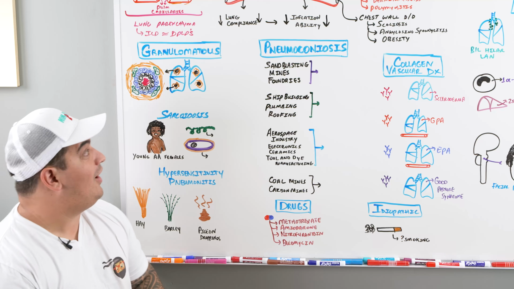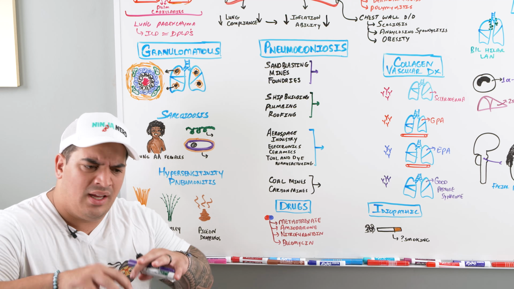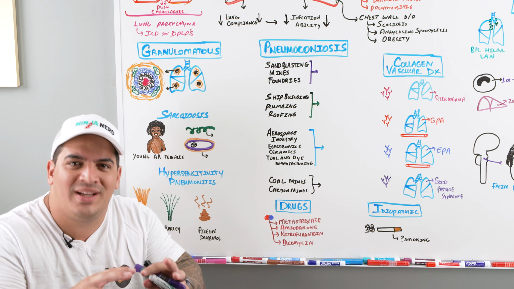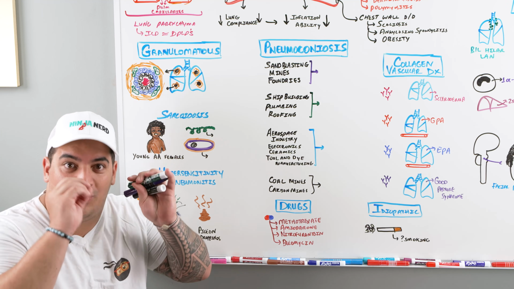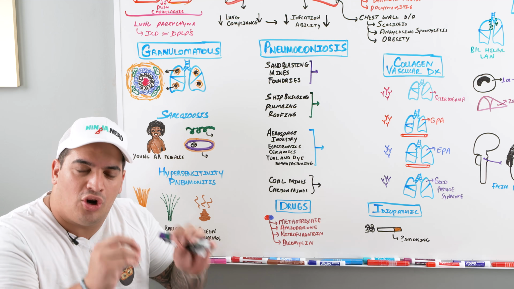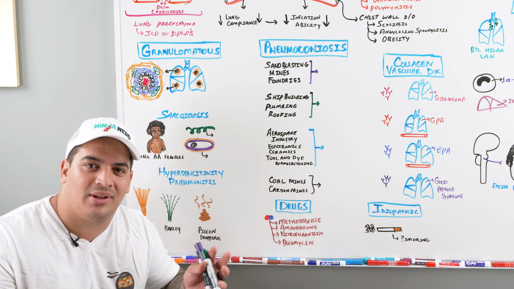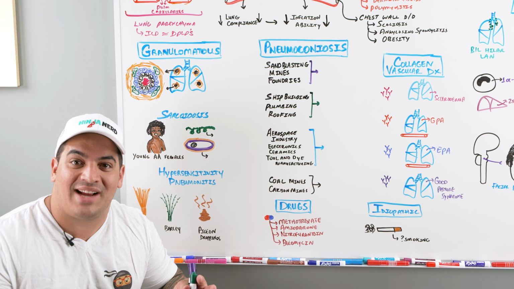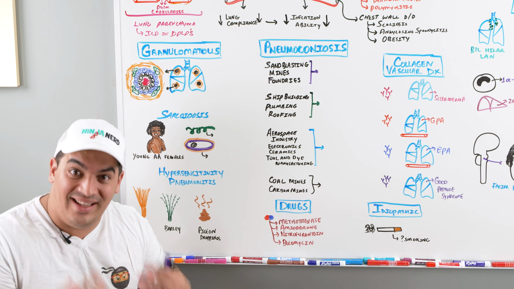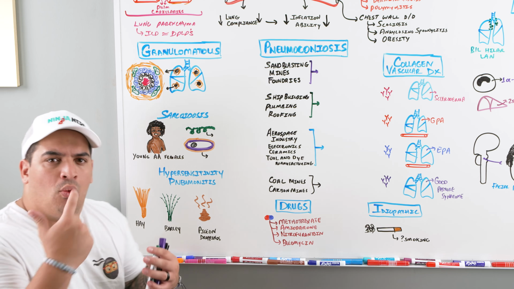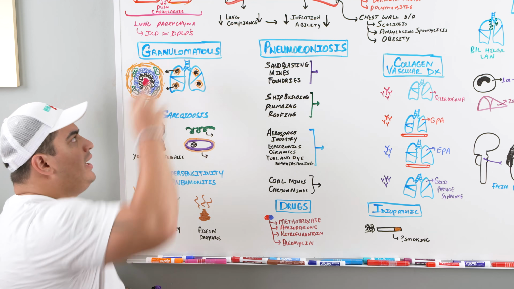All right, so now when we talk about these interstitial lung diseases or diffuse parenchymal lung diseases, again, this is the intrinsic types of restrictive lung diseases due to fibrosis that is occurring of the bronchioles, the alveoli, the interstitial spaces, the pulmonary capillaries. There's many different diseases that actually fall within that category that lead to that excessive pulmonary fibrosis. Now, when we think about these, one of the categories that I want you to put them in is granulomatous.